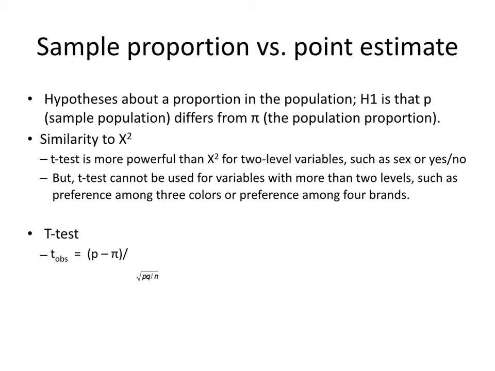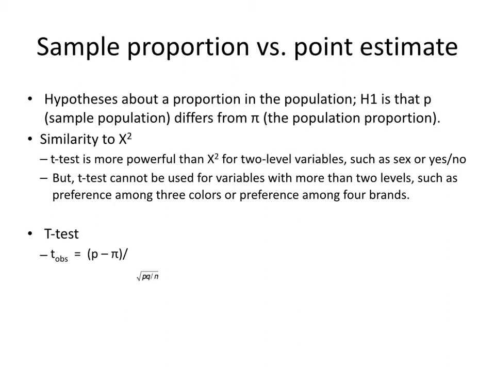And the reason that one can use a t-test when looking at proportions is that rather than counting the number of responses in the category, which is what chi-squared does, you're converting those numbers to percentages, and percentages form a ratio scale with equal intervals between them.